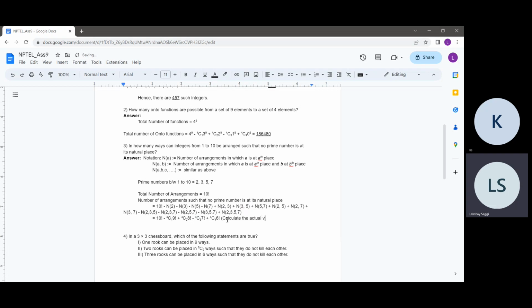You can put it on a calculator or anything, but this is the correct answer: 10 factorial minus 4c1 times 9 factorial plus 4c2 times 8 factorial minus 4c3 times 7 factorial plus 4c4 times 6 factorial. And I hope it's clear to you guys how this answer came about.